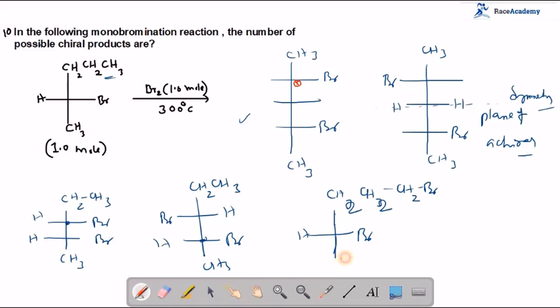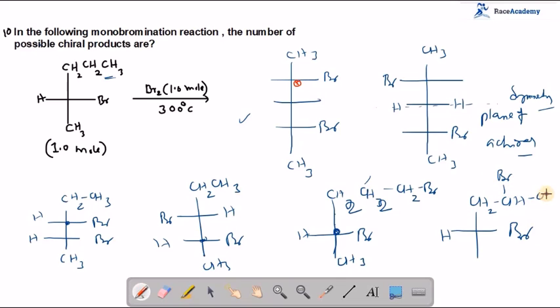Here hydrogen, here CH3. This is a chiral carbon, which is linked with this one. Another chance is there on the middle carbon of this chain. Here if you write, then this will be hydrogen, here bromine, here CH2, CH over this we have bromine.